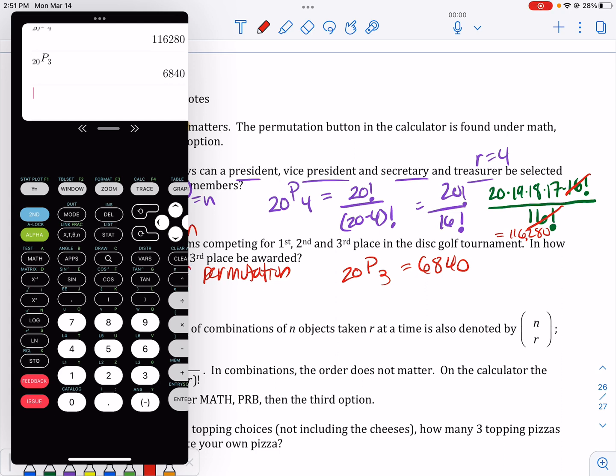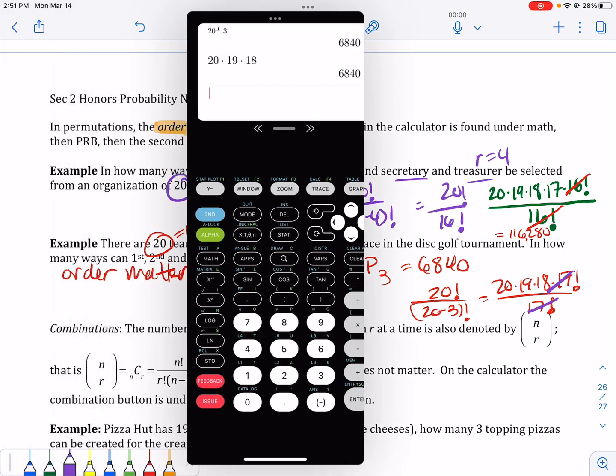Okay. If we do our formula, it would be 20 factorial over 20 minus 3 factorial. So 20 times 19 times 18 times 17, and I'm going to stop there because 20 minus 3 is 17, and then my 17 factorials are going to cancel out, so then it's just 20 times 19 times 18. Notice they give you the same thing.